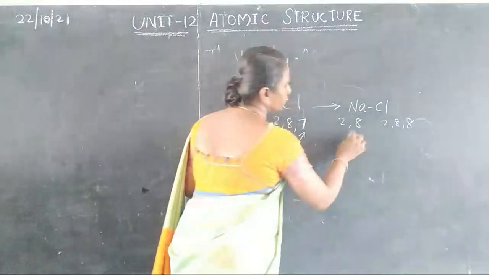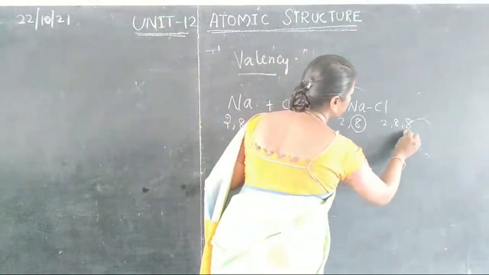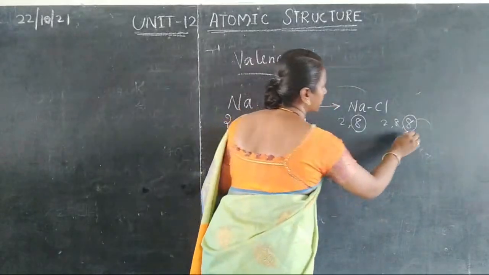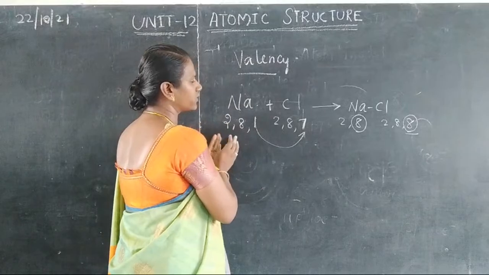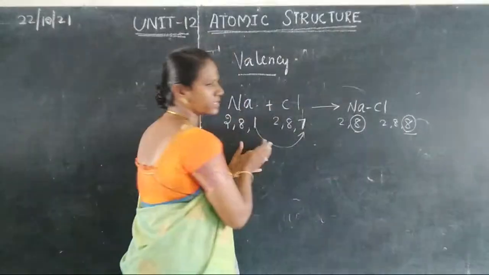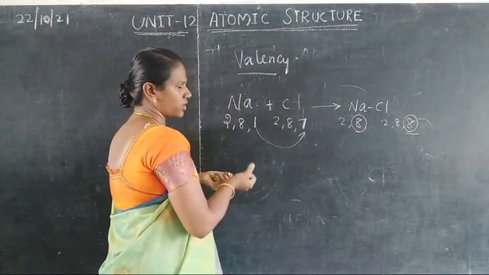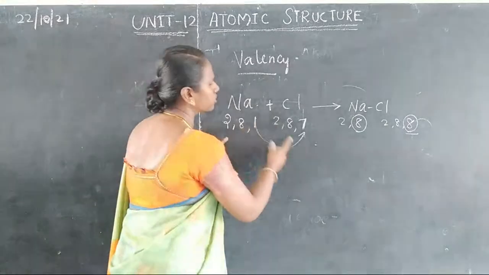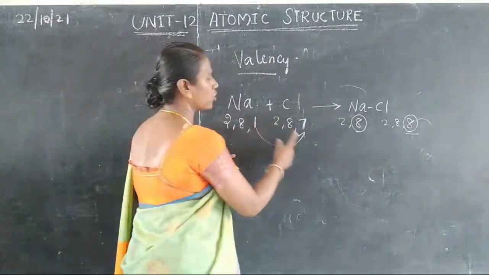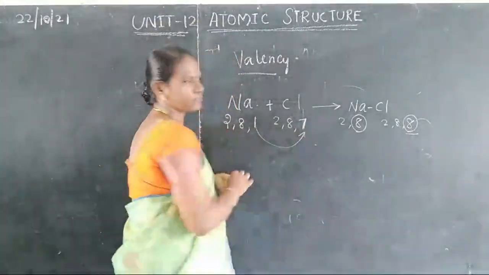So here you notice the outermost shell of sodium contains 8 electrons and the chlorine also contains 8 electrons. Sodium loses its 1 electron, that means it gives 1 electron to chlorine to make it stable, and chlorine gains 1 electron from sodium to make it stable.